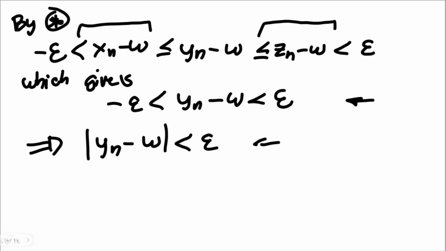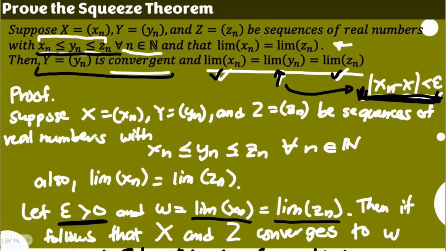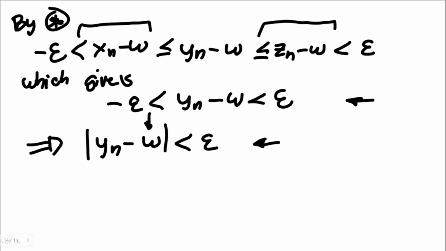And what is this, by the way? This is the definition of the limit of a sequence. Once we construct this form, that the absolute value of a sequence term minus a value is less than epsilon, then this value is the limit of this sequence.